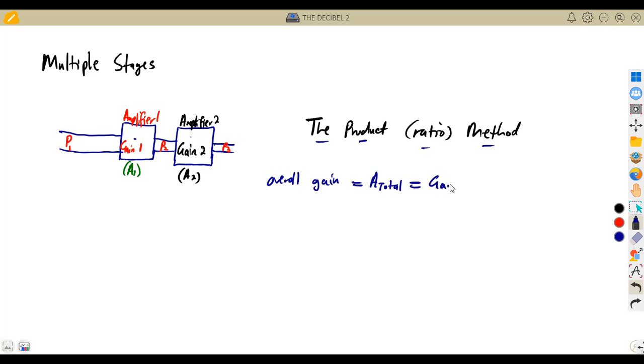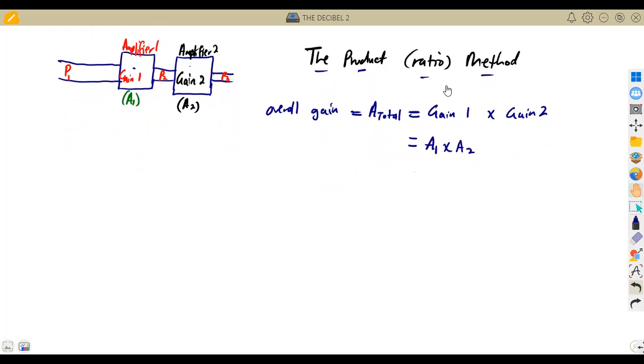So we are going to multiply the first gain by the second gain. But remembering that gain is represented by A, we can use A1 and A2. So you're going to multiply A1 times A2 like this. So that's the overall gain using the product ratio method. We can refer to it as the ratio method or the product.